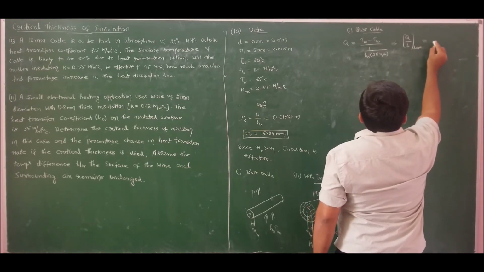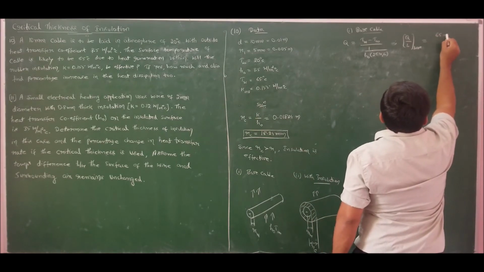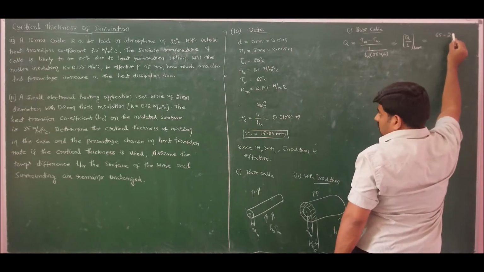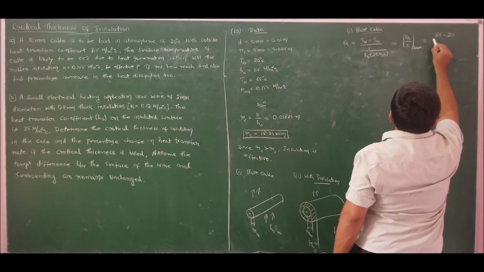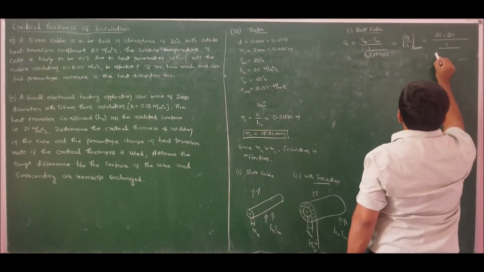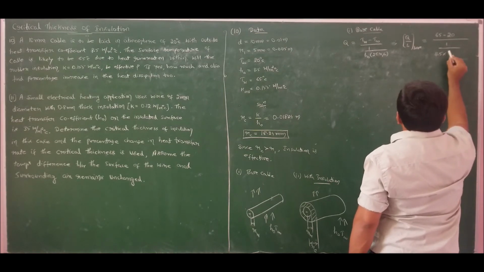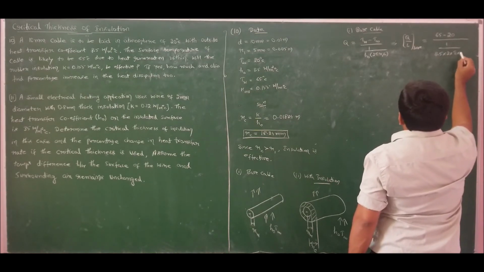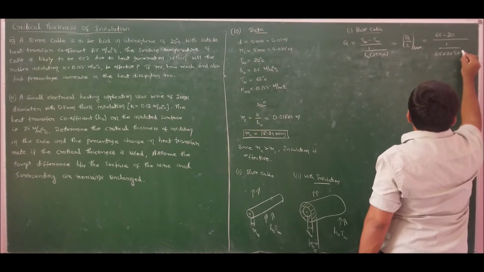So let us solve it for heat loss per meter length, hence Q by L of bare cable will become 65 minus 20 divided by 1 by h0. h0 is 8.5 into 2 into pi into R1, which is 5 mm, that is 0.005.